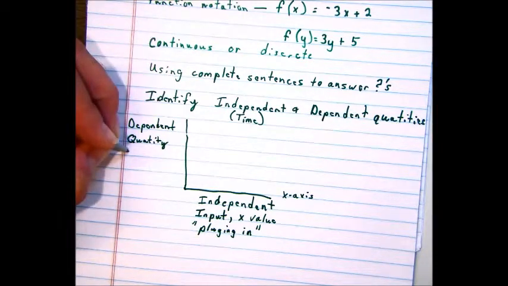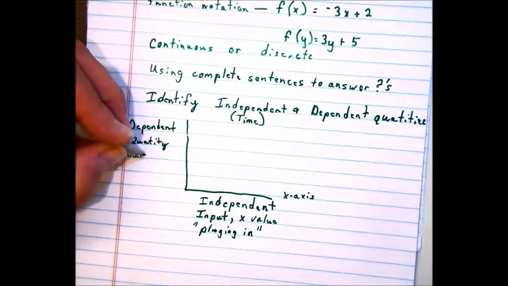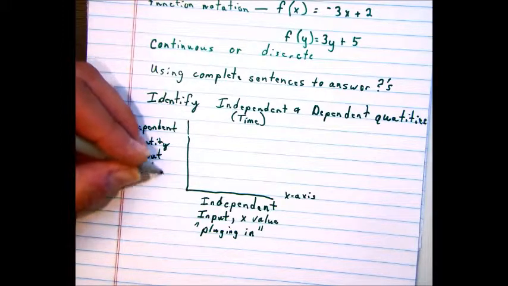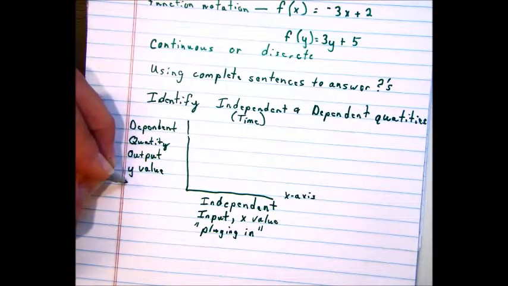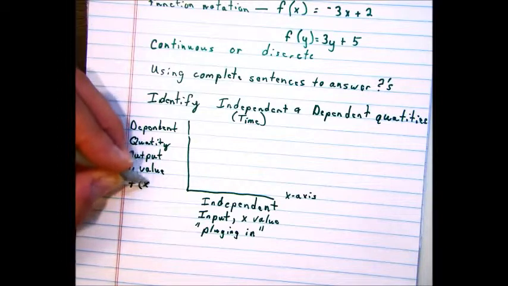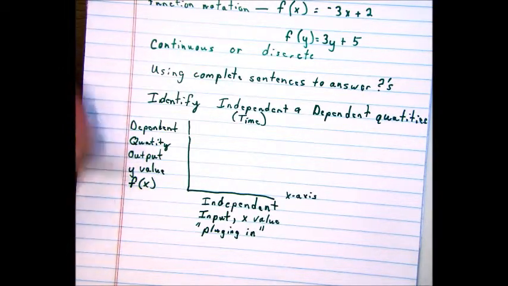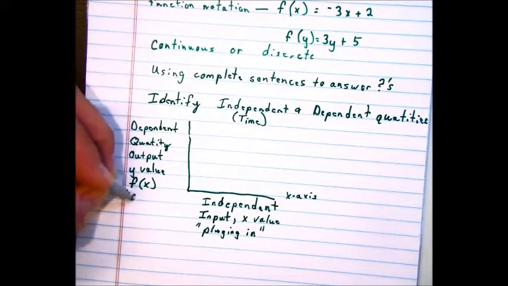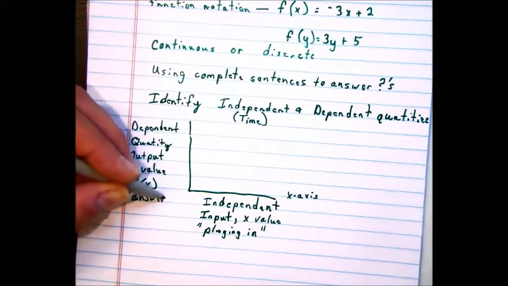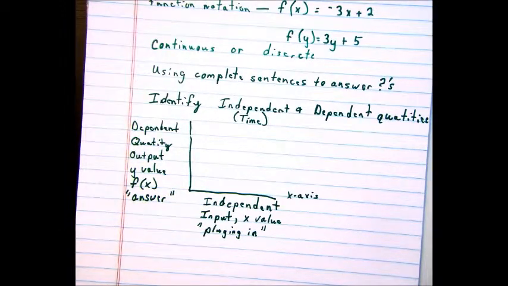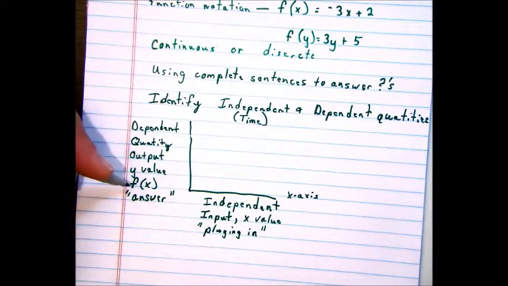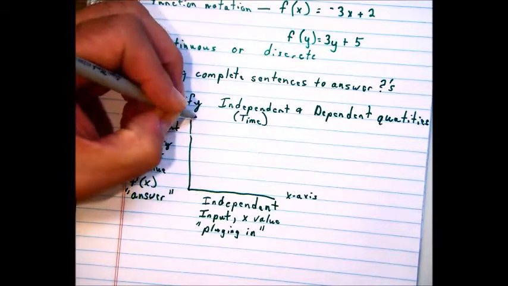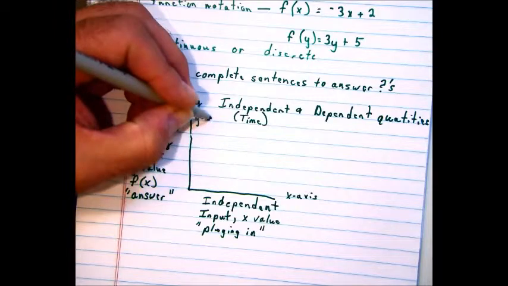And this is known as the output, or y value, or f of x. These are all the same word for the answer. Okay. Output, answer, f of x, y value, they all have the same or similar meaning. And this is the y-axis.